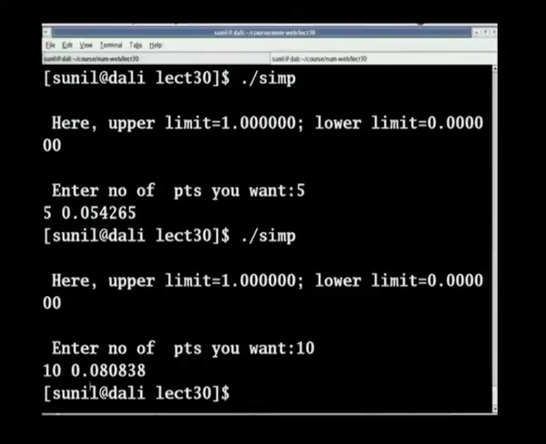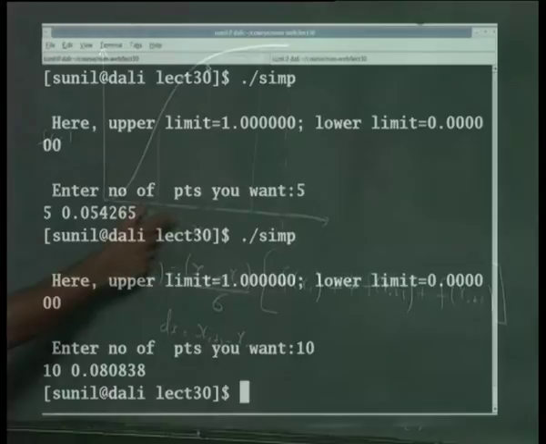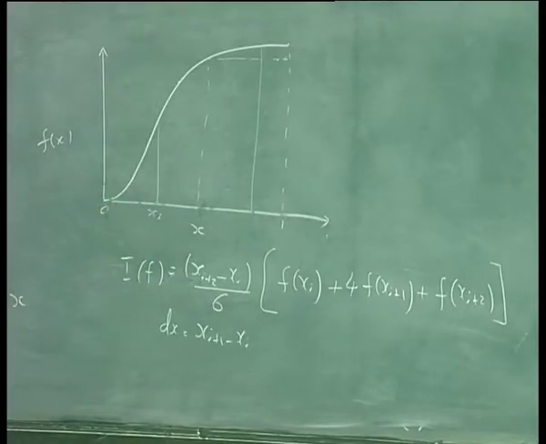But if you look at the interval, then it is as good as the trapezoidal rule, which we get for 10 points. We get 0.0808. So those are simpler methods where we split the function into various intervals, evaluate the function values and multiply them by the distance between those intervals. That's what all these methods rely on.